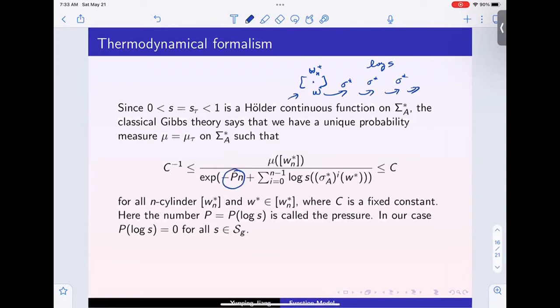But this correction is always equal to 0 in this case. This number is called the pressure in thermodynamical formalism. So now you have a measure and a pressure associated with the Riemann surface.